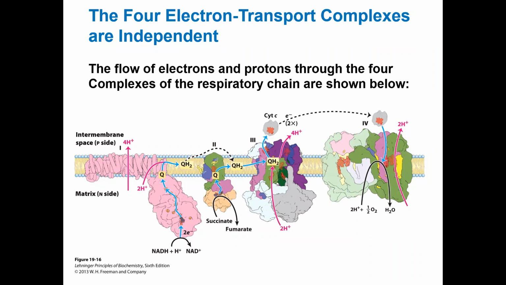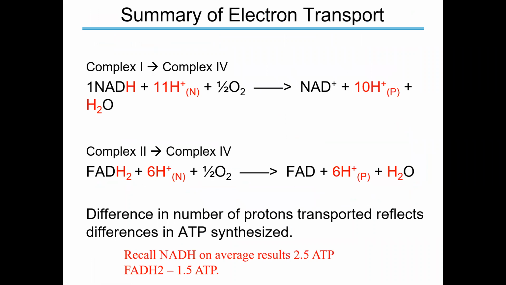We talked at length about how that happens at the individual levels in the last class. And here is the summary. When the electrons are being transferred from complex 1 to complex 4, the equation, when you write it out, looks like this.